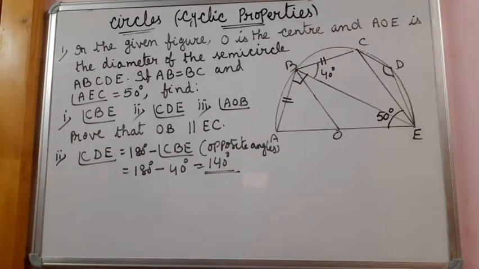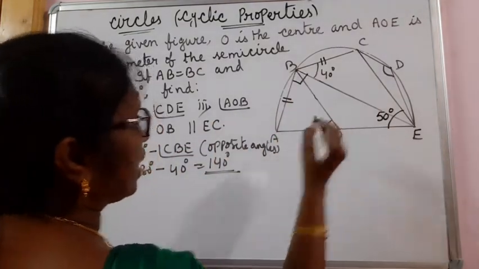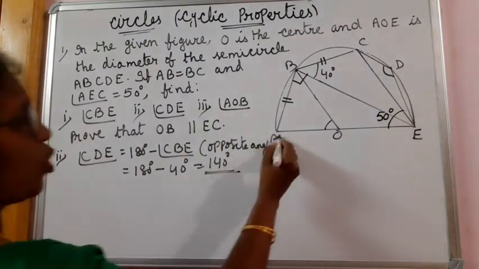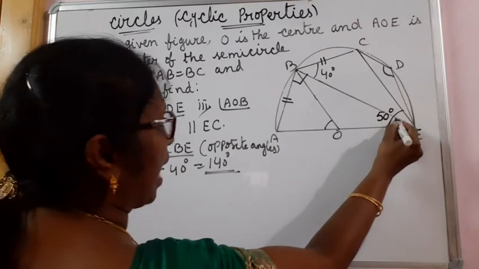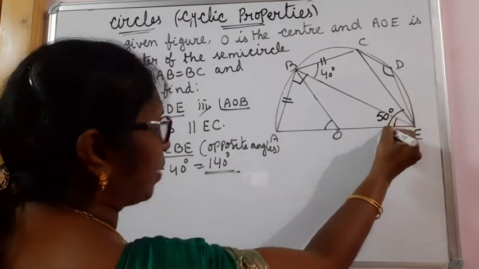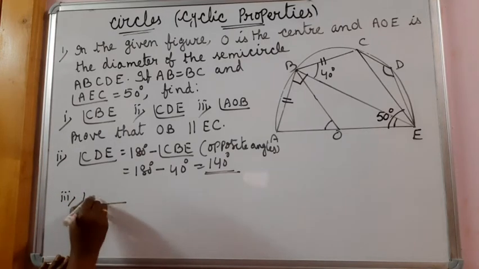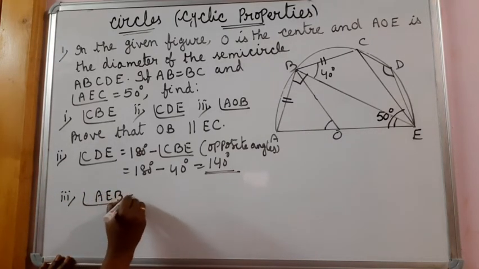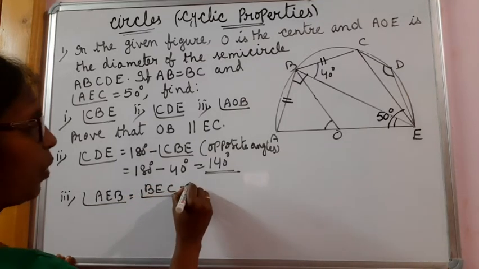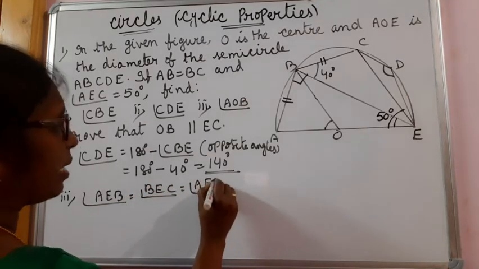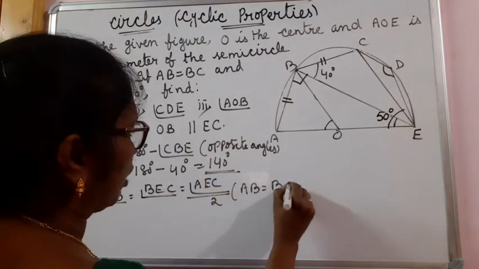Okay. Now let us work out the third angle, angle AOB. Angle AOB is the angle at the center, angle AEB is the angle at the circumference. But the complete angle is given to us. Very interesting question this is. Angle AEB is equal to angle BEC, that is equal to angle AEC by 2, because AB is equal to BC.